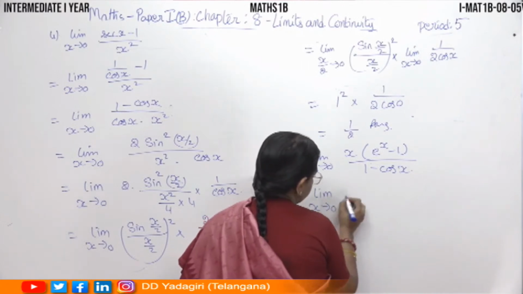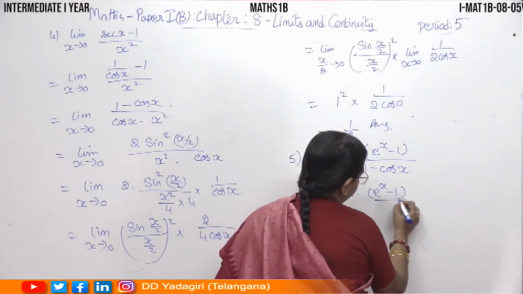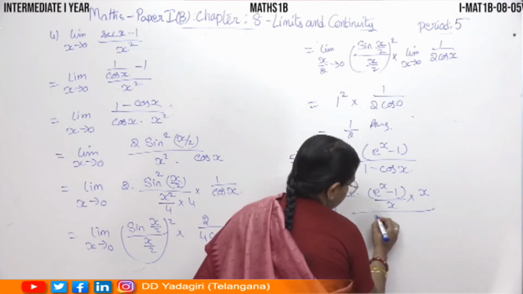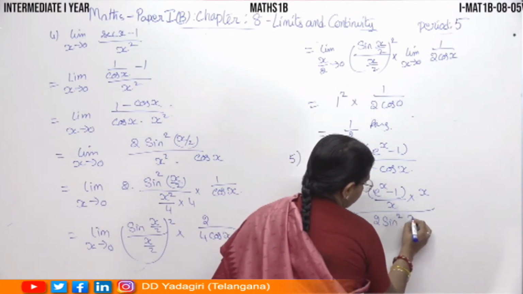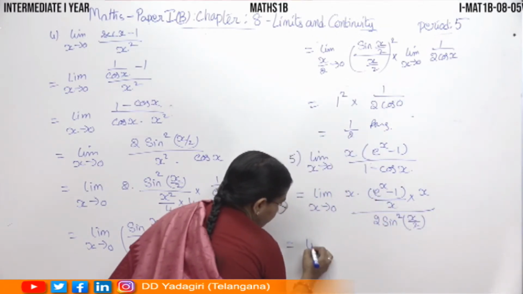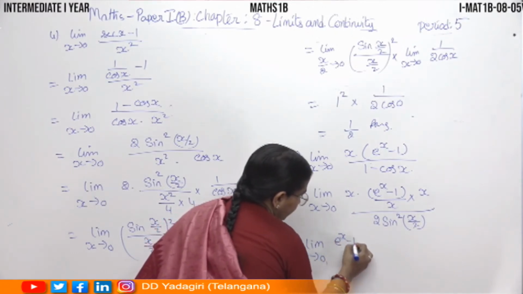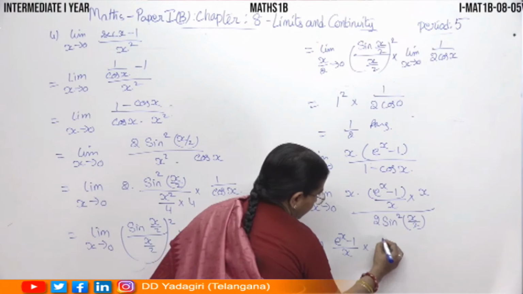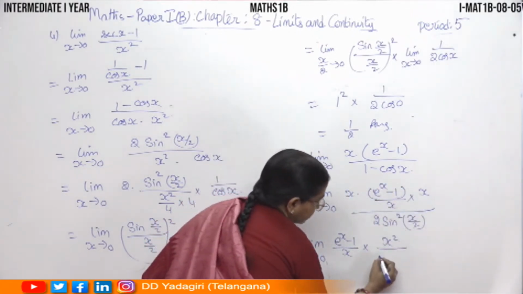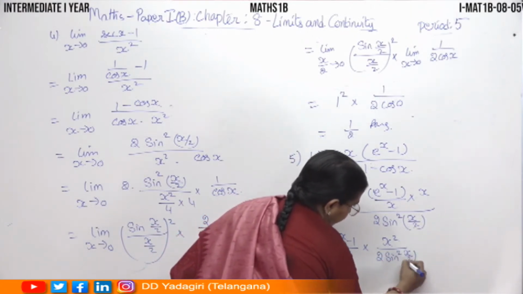So limit x tending to 0 of x into e to the power x minus 1. First we'll write by x into x by, and then 1 minus cos x will write as 2 sin square of x by 2. Okay, this limit we'll write separately. So it is limit x tending to 0 of e power x minus 1 by x into x square by 2 sin square x by 2 we are writing separately.